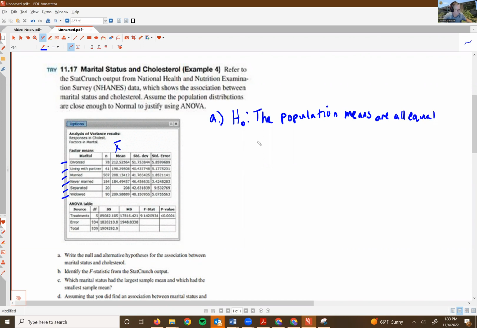In terms of our statement, we say that marital status and the mean cholesterol level are not associated.